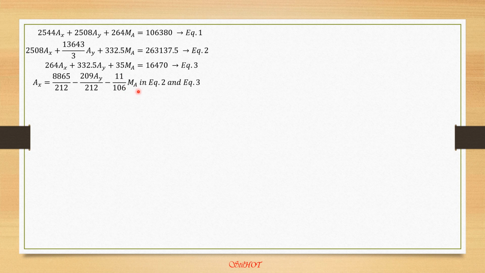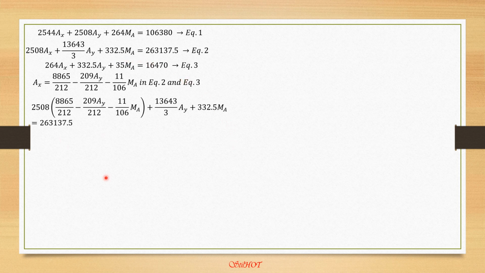So you have your calculator there, so you can check if the terms here are the same. Then we substitute this into equations 2 and 3, and we call the resulting equations 2.1 and 3.1 respectively. So in equation 2, 2508 of AX: 8865 over 212 minus 209 AY over 212 minus 11 MA over 106 plus 13640 over 3 AY plus 332.5 MA equals 263137.5.